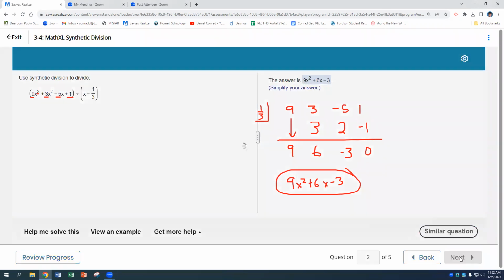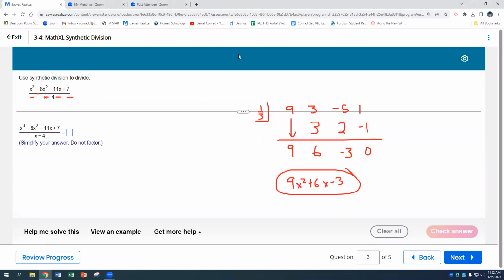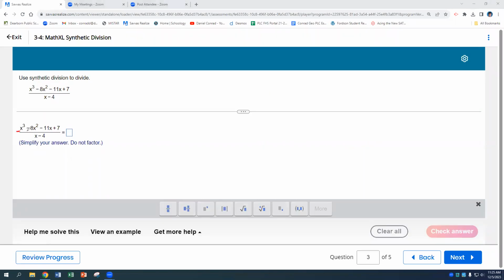Fantastic. Okay. Next we have 1, -8, -11, and 7. And we're going to use a +4. All right, we're going to bring down the 1. 4 times 1 is 4.